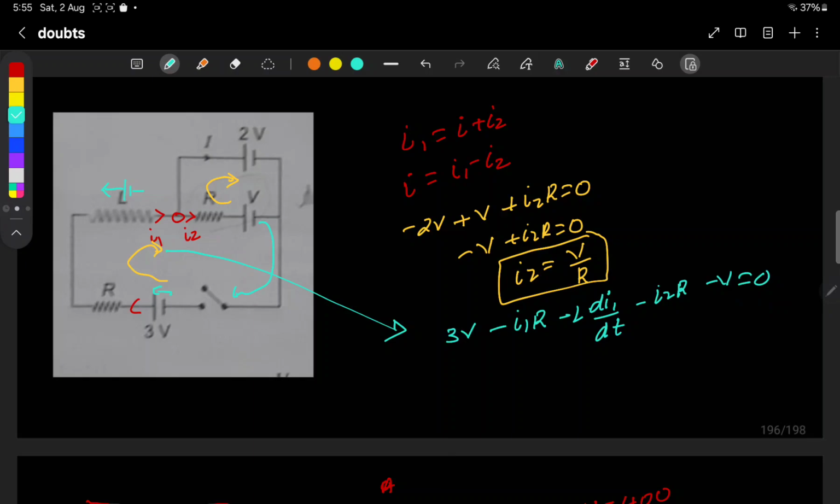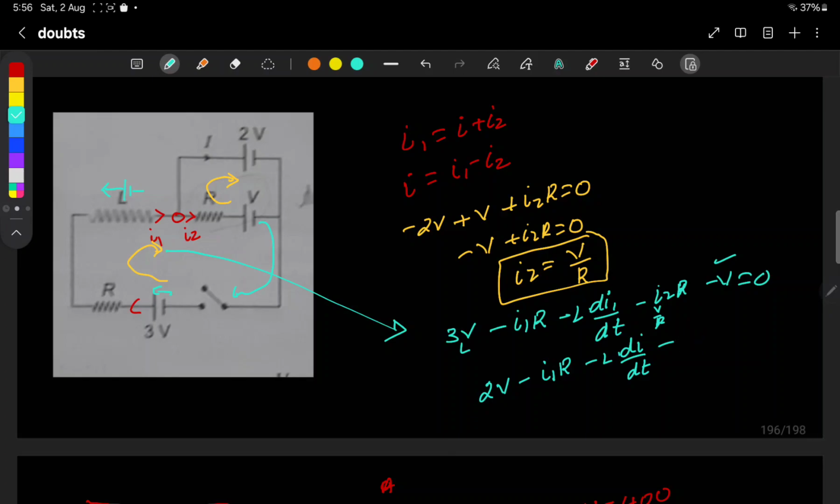From this we have to extract what is I1. Here 3V minus V, I'll get 2V, minus I1 into R, minus L into di by dt, which is equal to 0. Here I missed minus I2R also. Here we know I2 is V by R. If I substitute this V by R here, R will get cancelled.